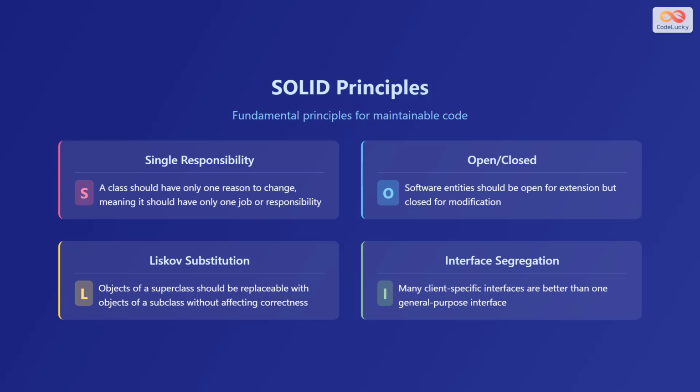Software entities should be open for extension but closed for modification. L stands for Liskov Substitution Principle. Objects of a superclass should be replaceable with objects of a subclass without affecting correctness. I stands for Interface Segregation Principle. Many client-specific interfaces are better than one general-purpose interface.